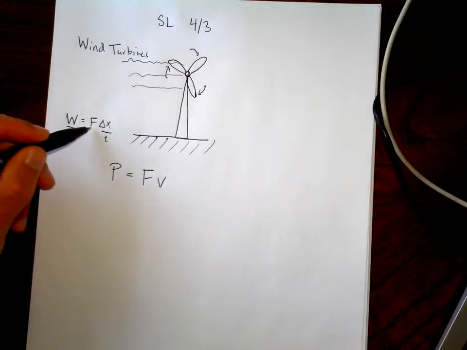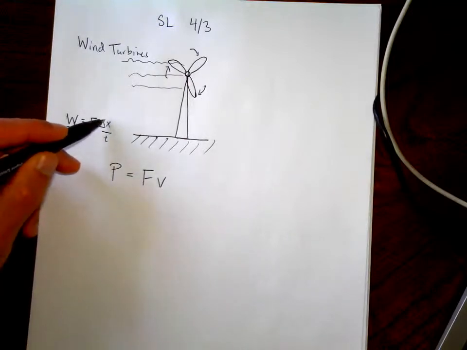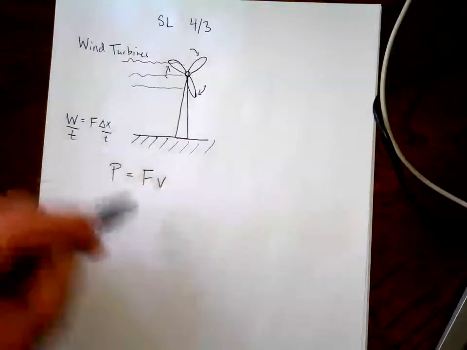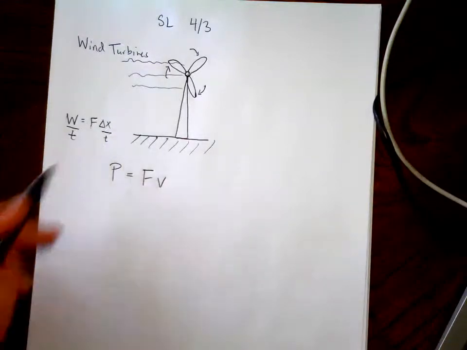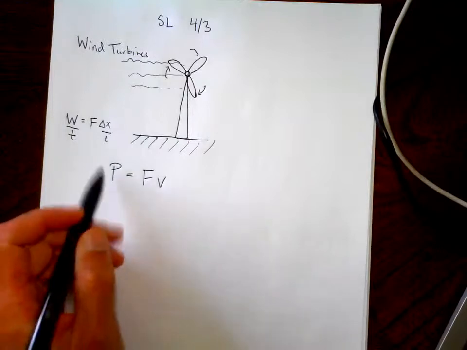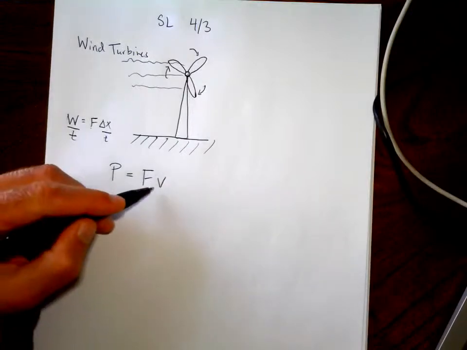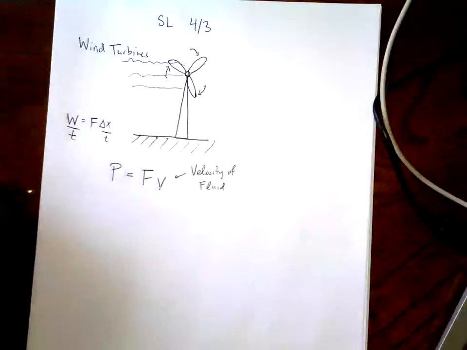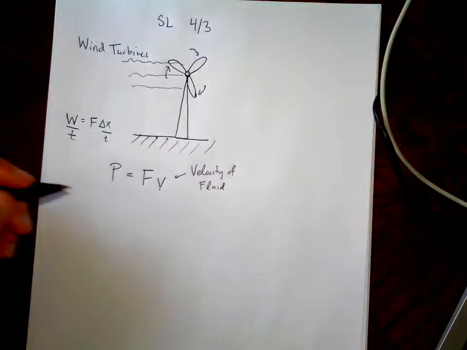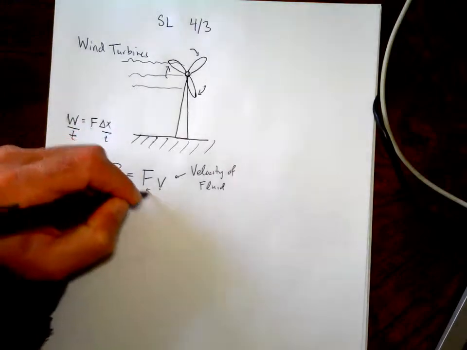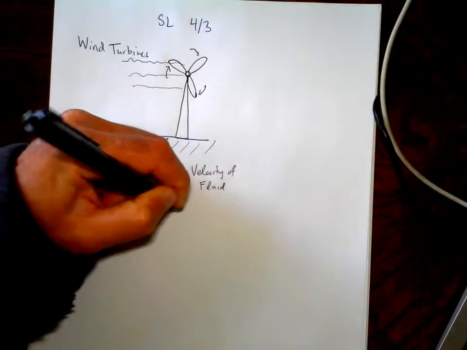And on the right-hand side, we have force times velocity, because displacement over time is velocity. So power equals force times velocity, where v is the velocity of the fluid, and F is the force exerted by the fluid.